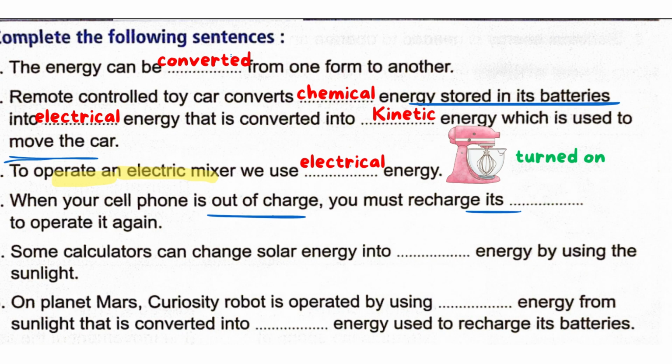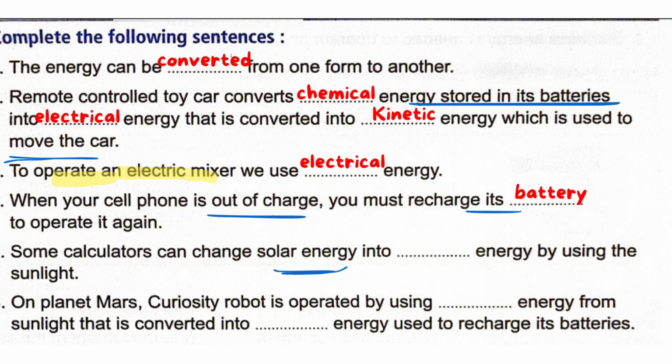When your cell phone is out of charge, what is the meaning of out of charge? Yes, the battery is low or empty. Okay, you must recharge its what to operate it again? The thing that is recharged is the battery. Yes, so the answer here: when your cell phone is out of charge, you must recharge its battery to operate it again.